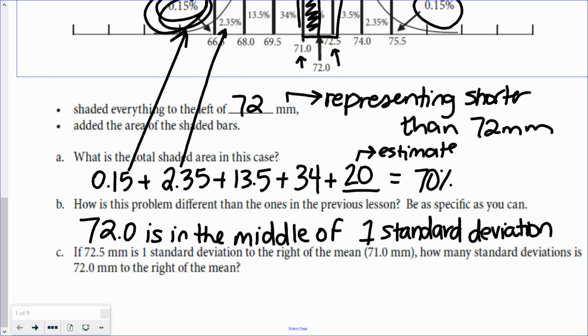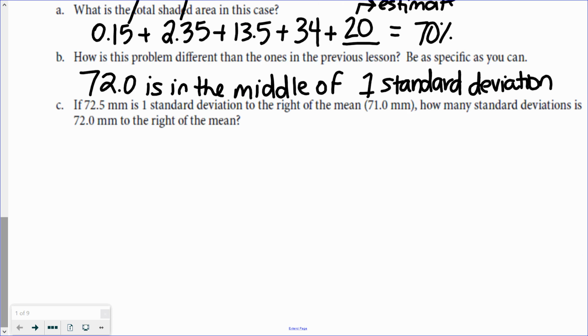So if 72.5 is one standard deviation to the right of the mean, again, the mean being 71, how many standard deviations is 72 to the right of the mean? So if we looked at that, 71, 72.5, 72.0, it's about 2/3 of a standard deviation.